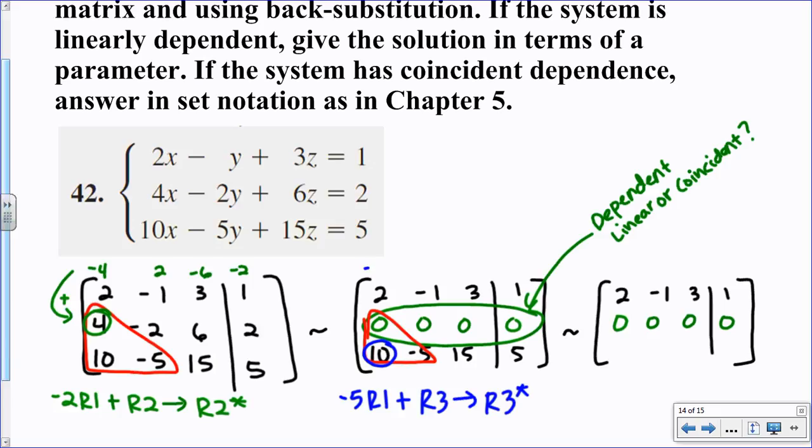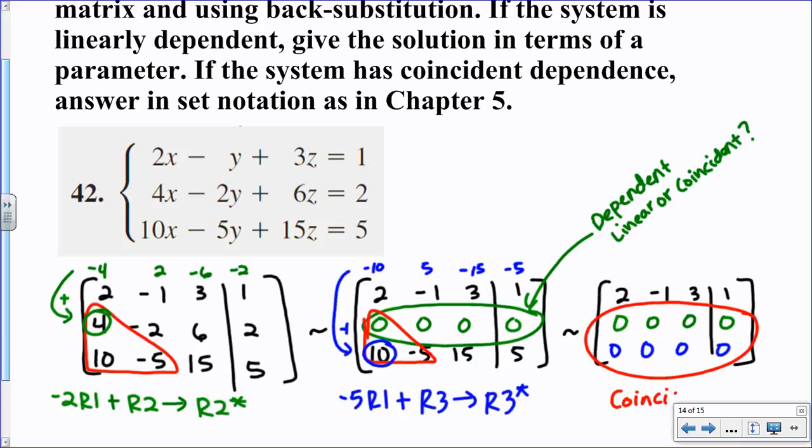So that's -10, +5, -15, and -5. So I add that. 0, 0, 0, 0. So, because I have these 2 rows of zeros, it's coincident dependent.